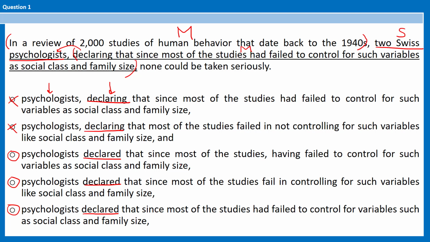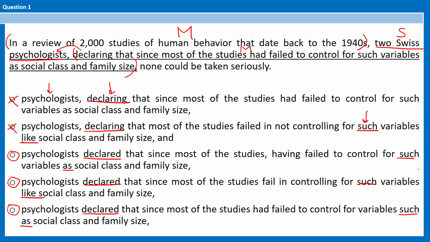Let's keep looking at other differences. For example, at the end we are using such like versus such as. You also have such variables like or such as again.